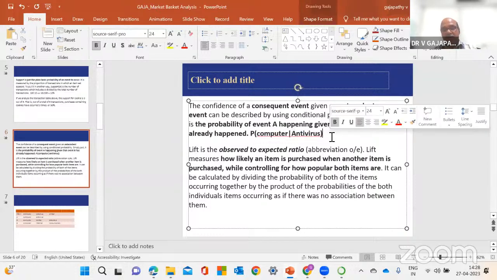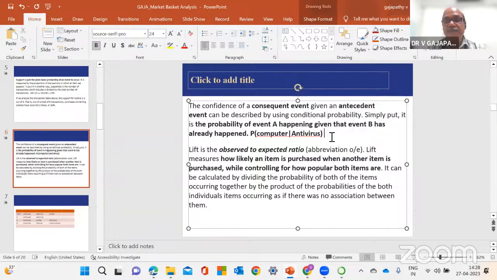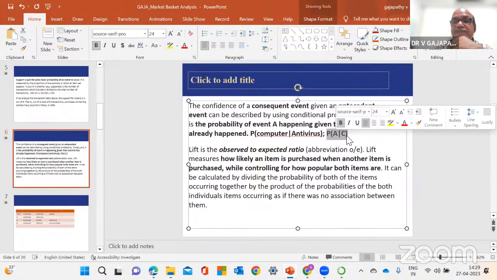Now I'm drawing another idea. You see here, probability of antivirus. What is the probability of buying antivirus, given purchasing the computer? This is our concern. What is the probability of buying A given C?